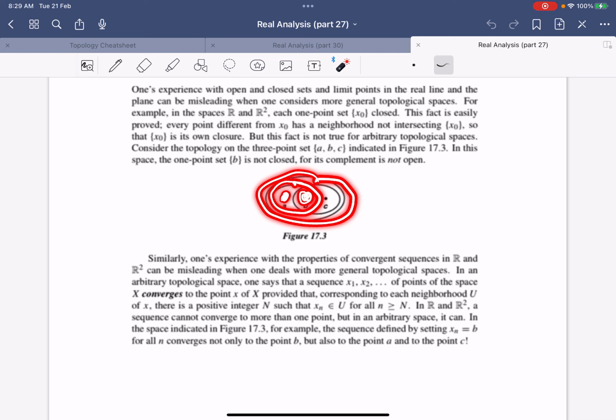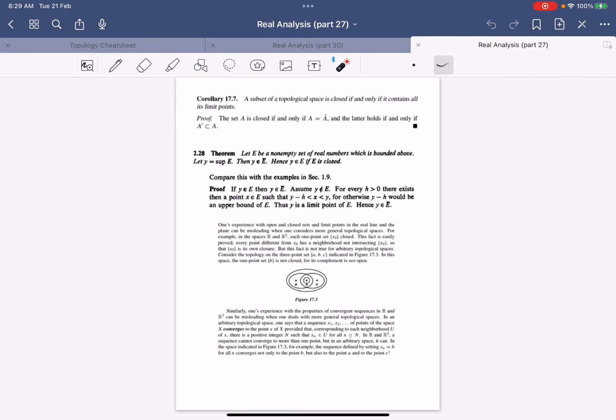And then you can see that the sequence B lies within it. And so A is also a limit, and C as well, while B is also a limit. And so you can see that in an arbitrary topological space, the limit of a sequence may not be unique.